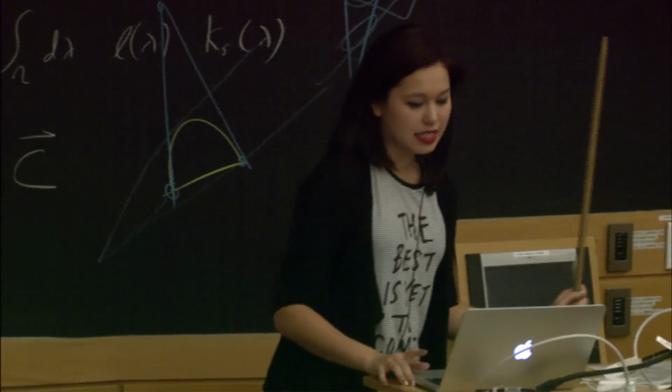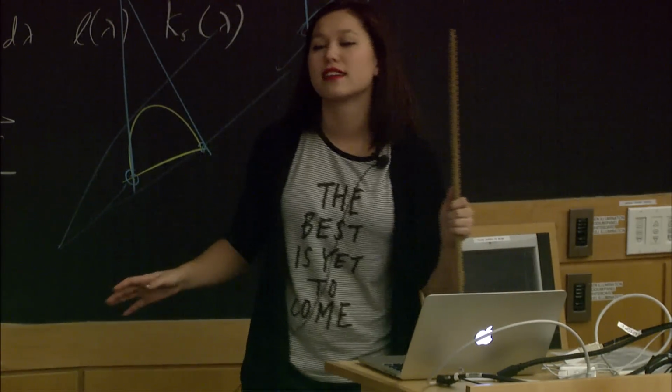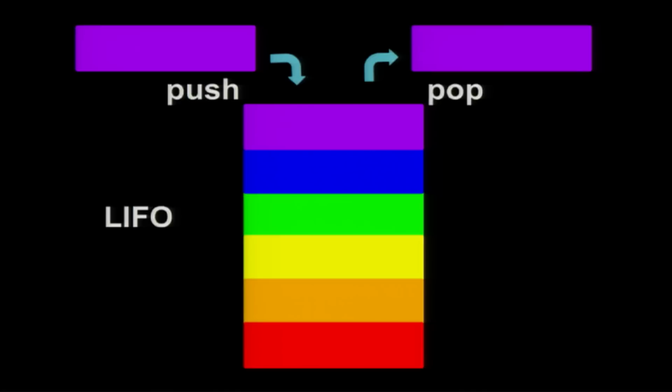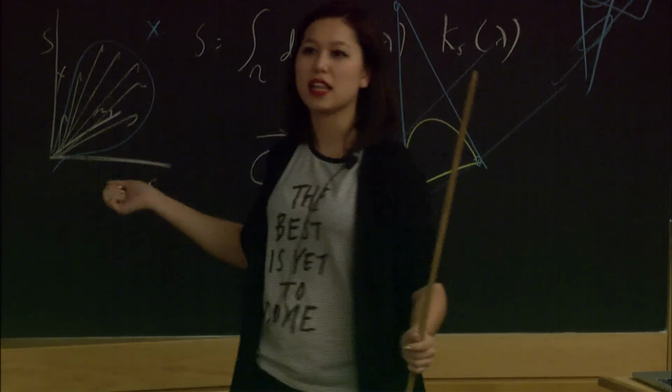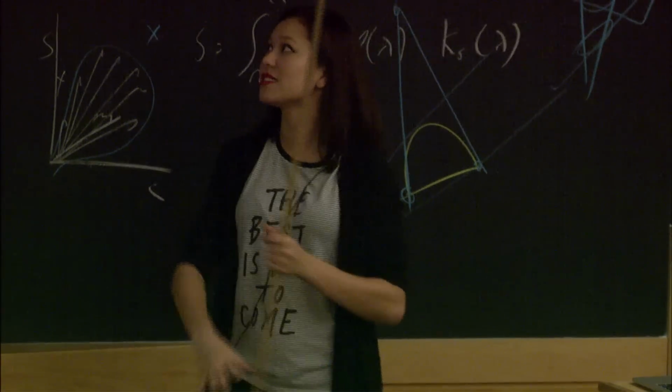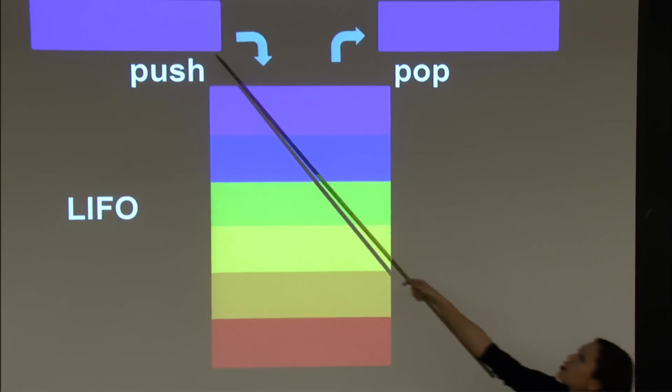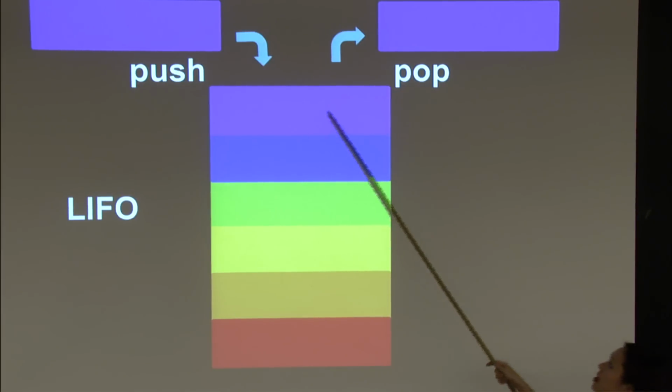What's important to realize is that the characteristic we call it by is LIFO. Does anyone know what that stands for? Last in, first out. So if we're stacking things up, the easiest thing to grab off, and maybe the only thing we can grab off if our stack is big enough, is that top element. Whatever was pushed on most recently is going to be the first thing that we pop off.